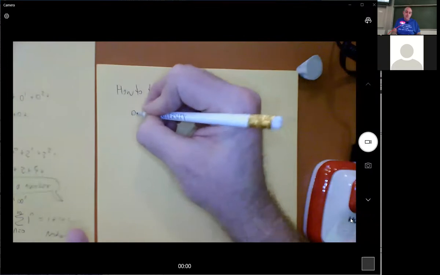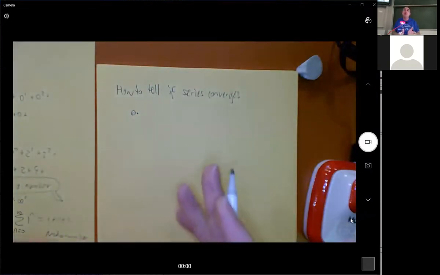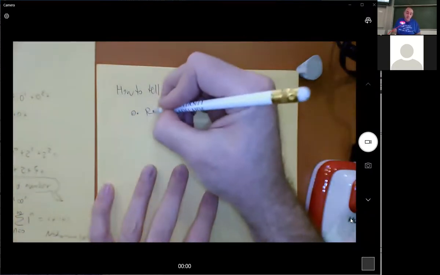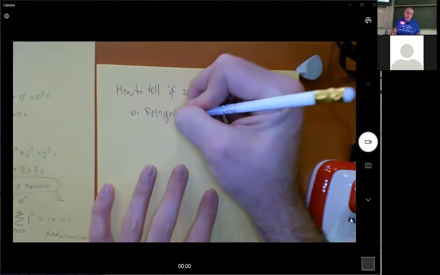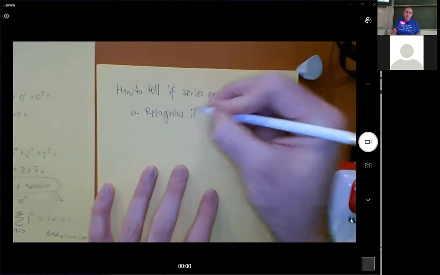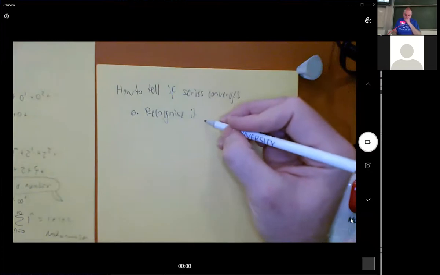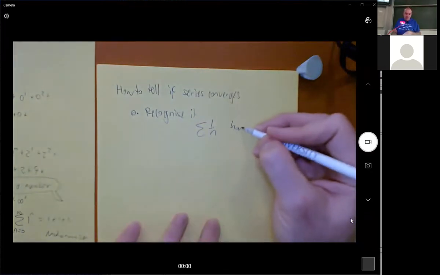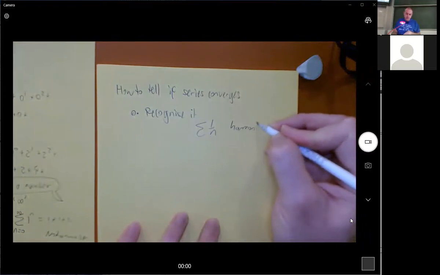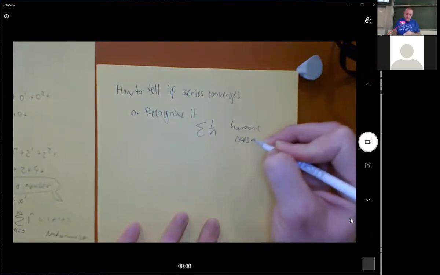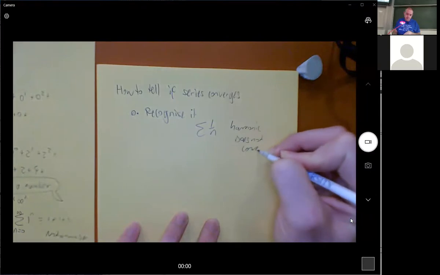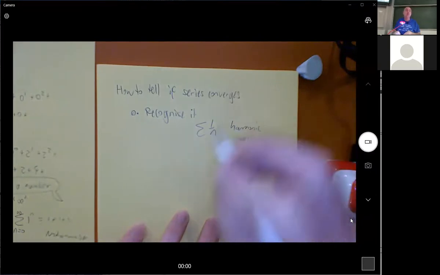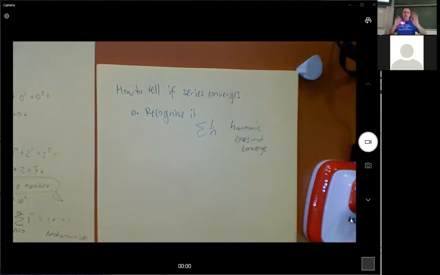Step 0 is it's just one that you happen to recognize. So for example, you might recognize the sum of 1 on n, which is harmonic and doesn't converge. You say, oh, that's a harmonic series, doesn't converge.